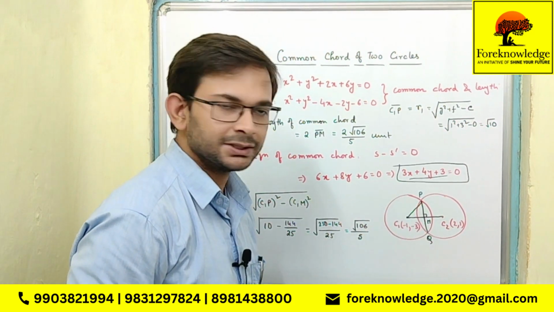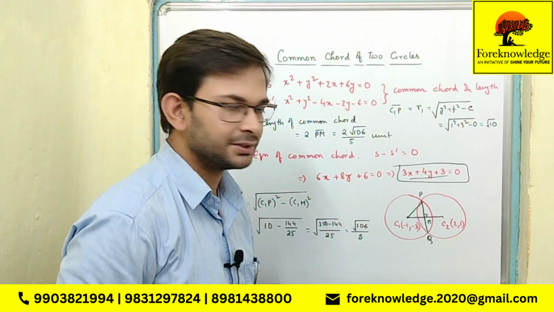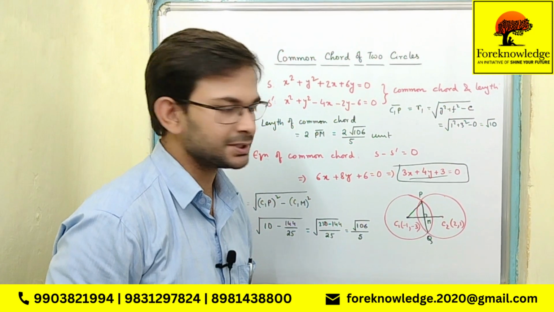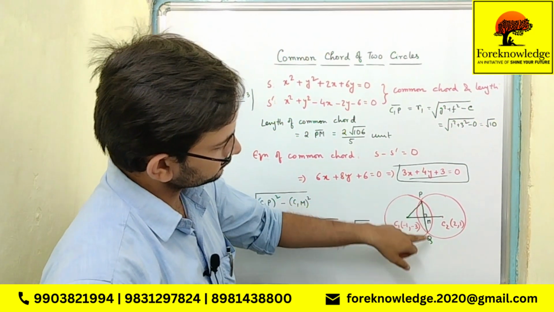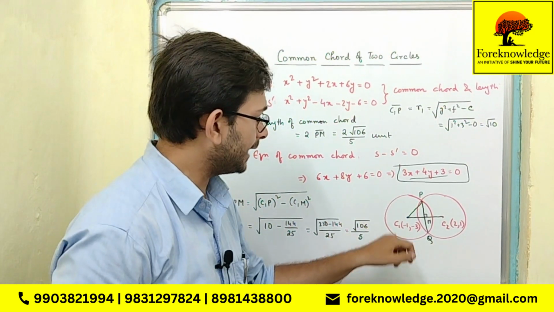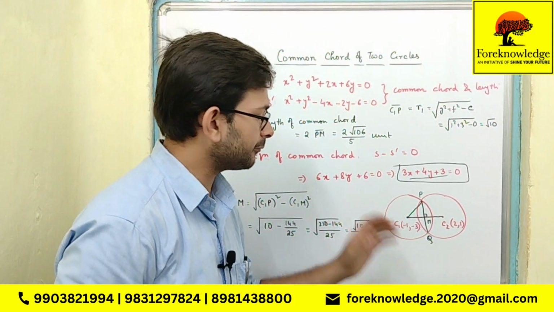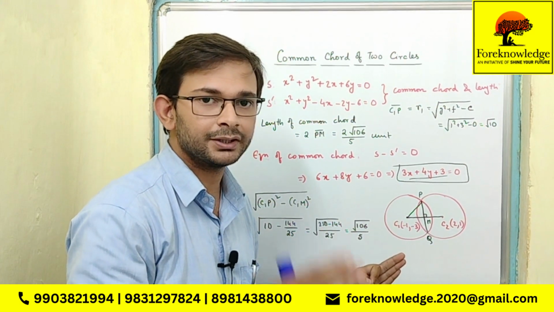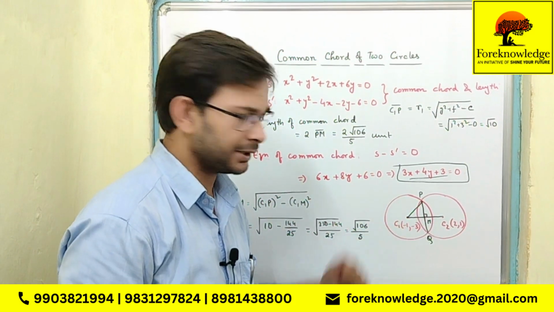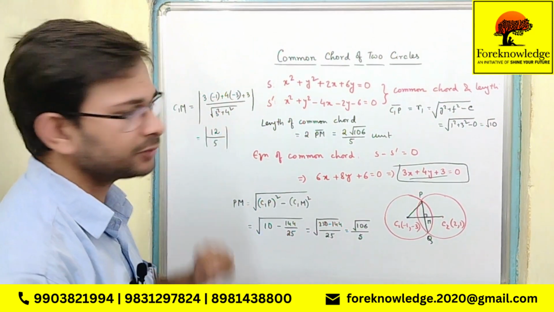We know C1P, this is the radius of the first circle, and we know C1M because we know the equation of the line and we know the point C1. So from an external point, how do we calculate the distance? This is the formula.